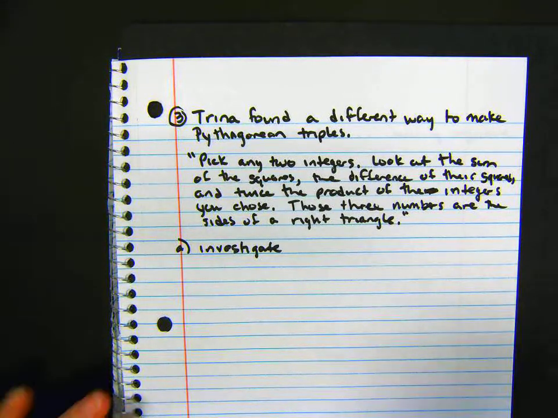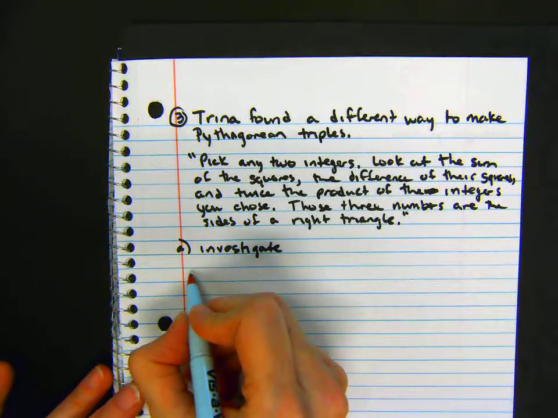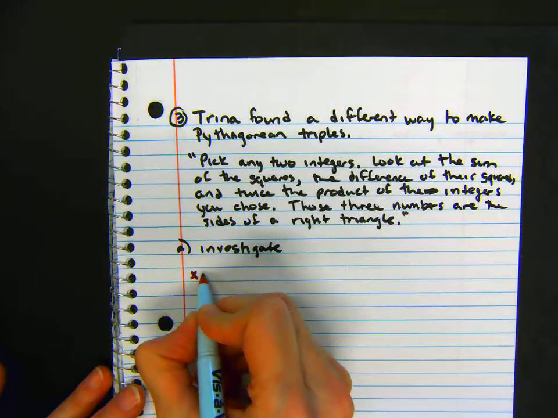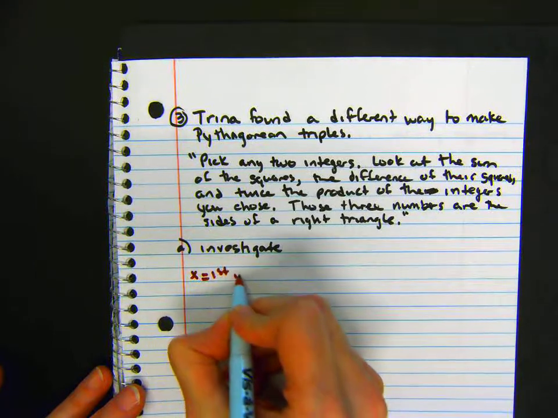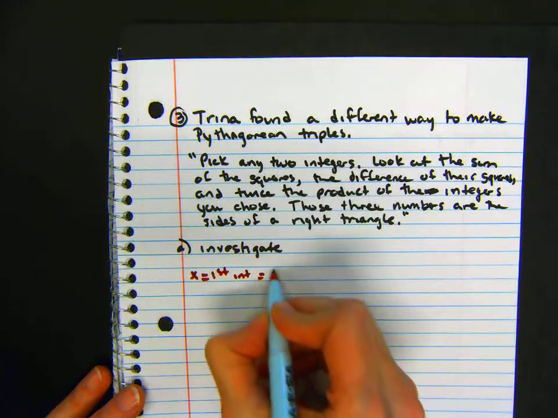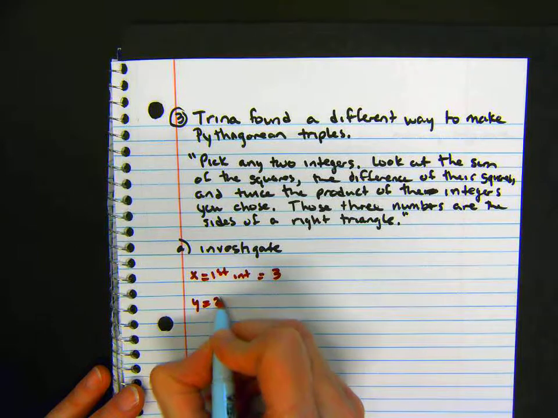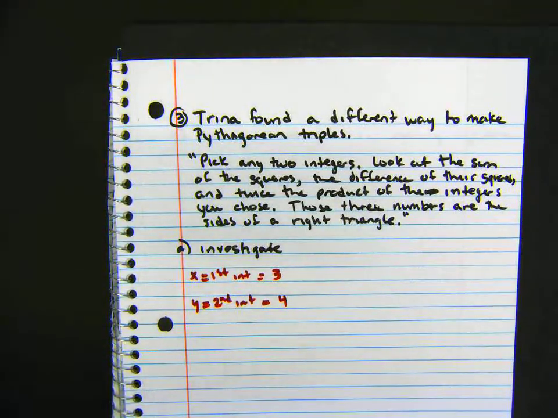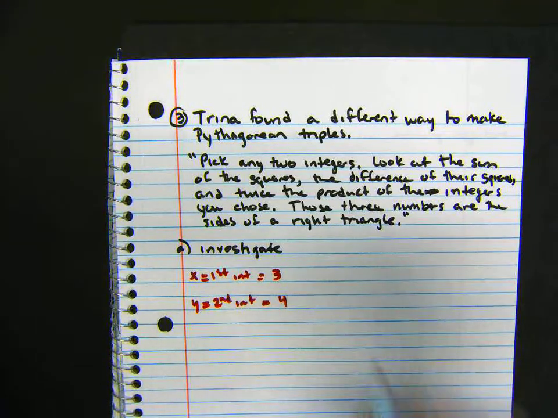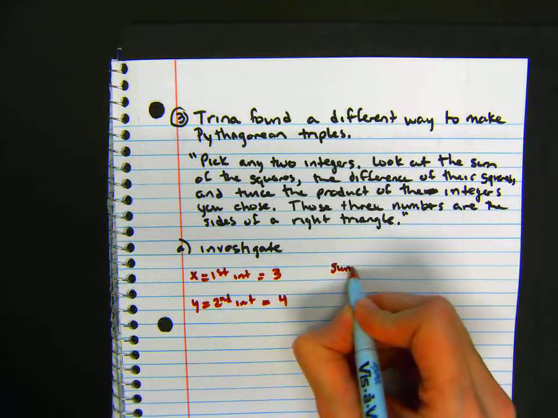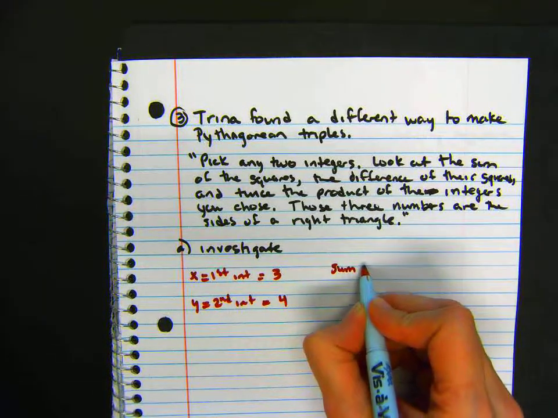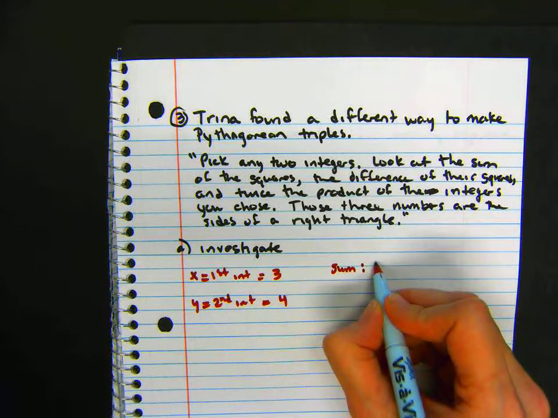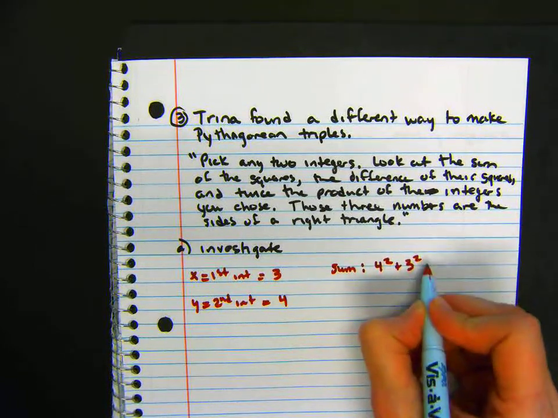So investigate. So any two integers. I'm going to use for x, my first integer, 3, and for y, my second integer, 4. Look at the sum of the squares, the difference of the squares, and twice the product of the integers you chose. So the sum of the squares is 4 squared plus 3 squared.